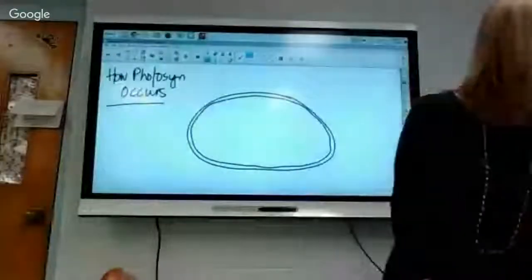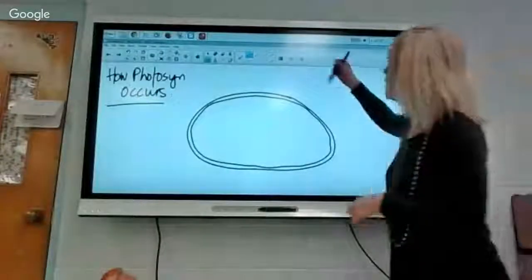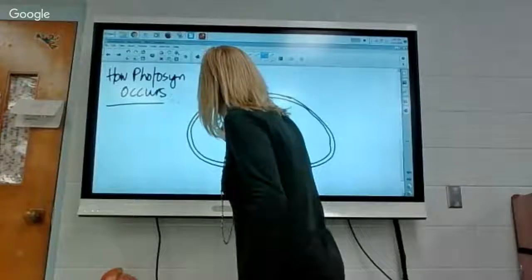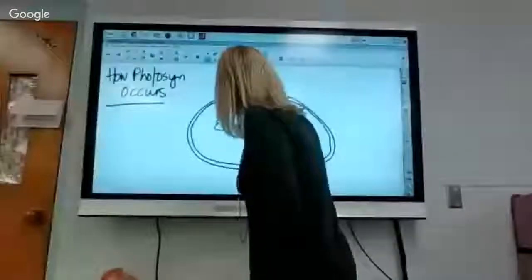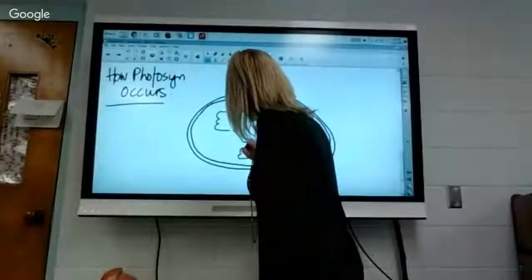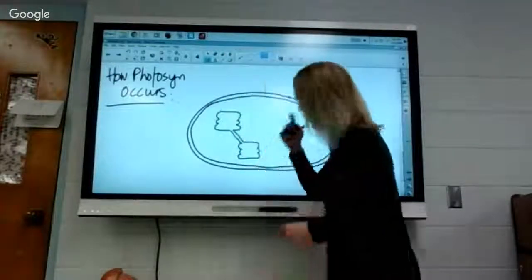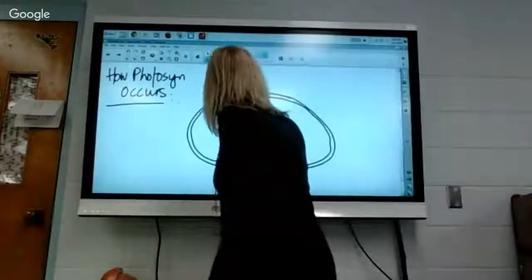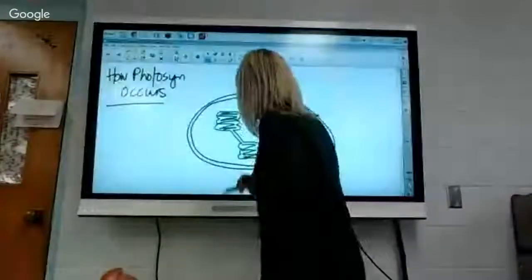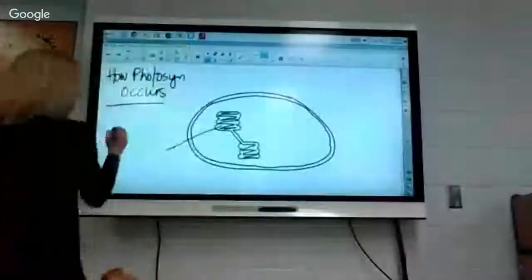So we're going to take your green and go ahead and draw these little stacks. You can color them in or not, either one. These are the thylakoids.